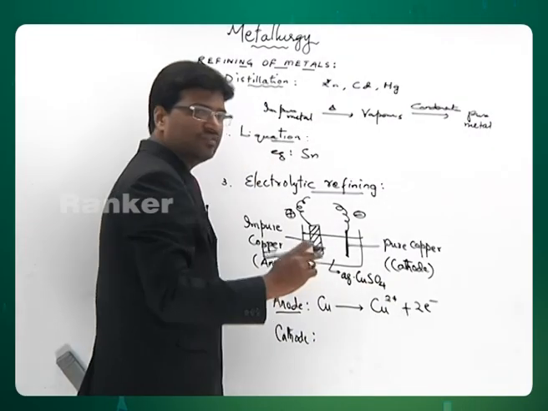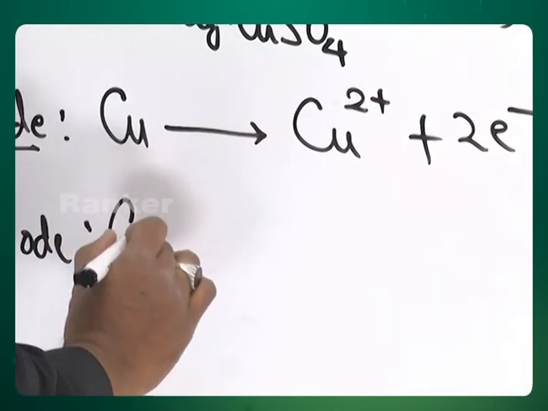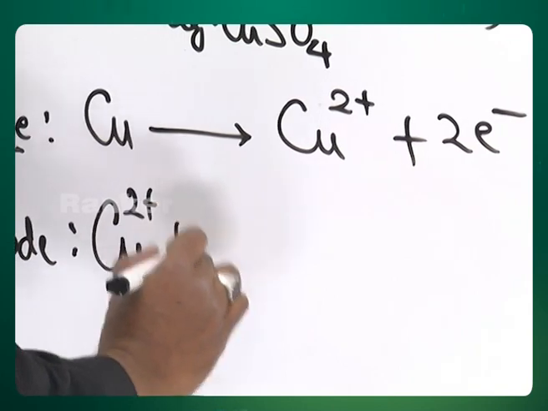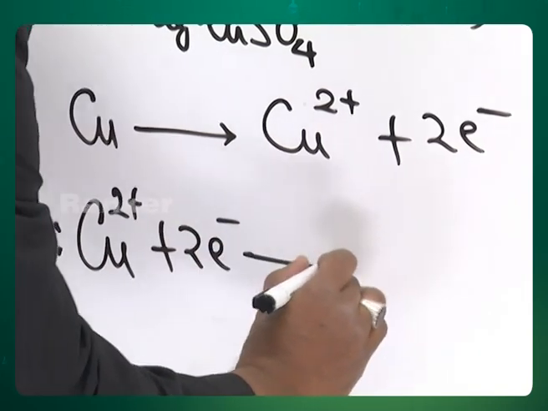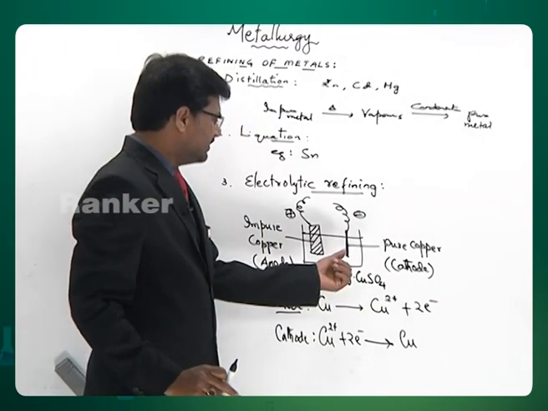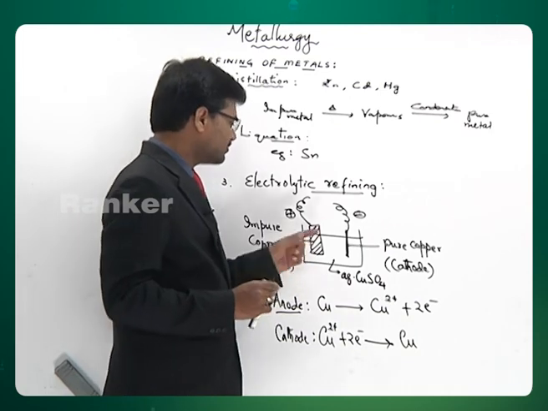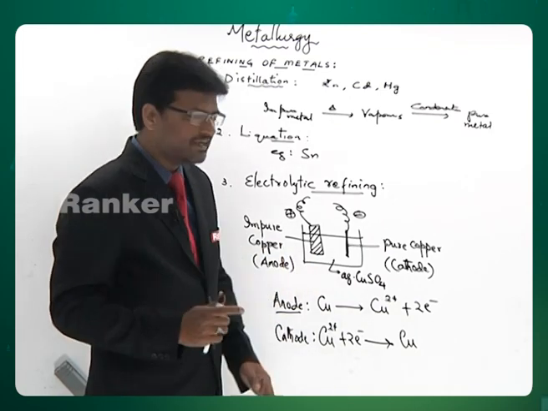These 2 electrons pass through the external circuit and reach the cathode. At the cathode, cupric ion picks up those 2 electrons and gets reduced to copper. So in this way, the mass of the cathode keeps on increasing and the mass of the anode keeps on decreasing.